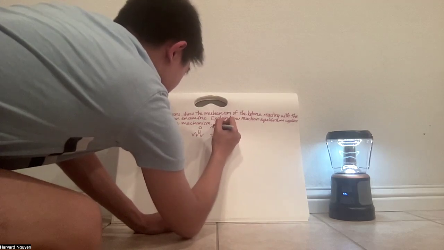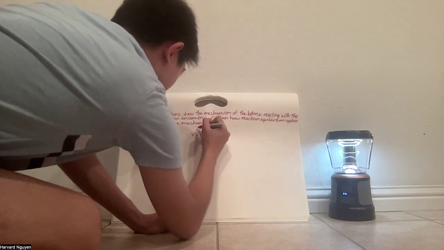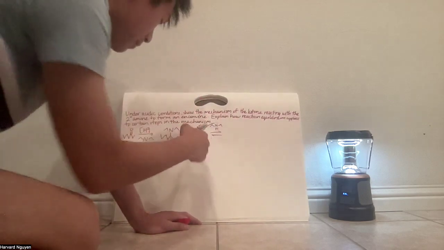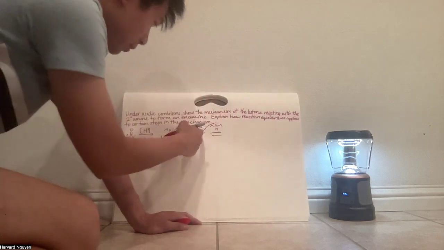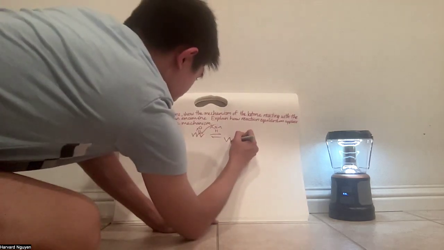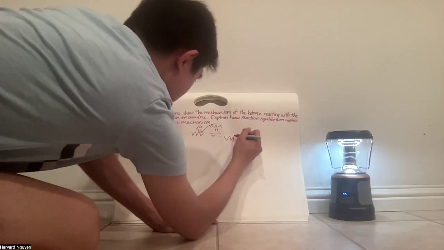We get rid of that double bond, the carbon double bond to the oxygen, and we're going to create something like this.